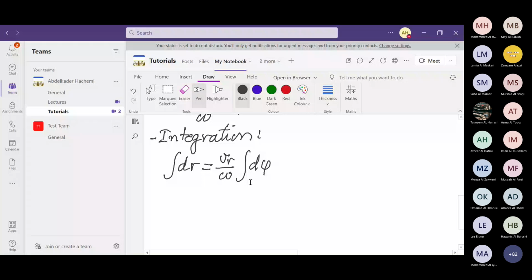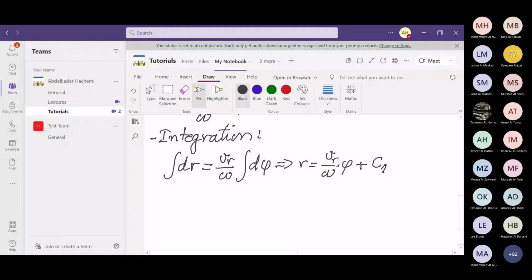In this case, we can put this term out of the integral. Then if we integrate, we have r equal to Vr divided by omega multiplied by phi plus constant of integration C1.